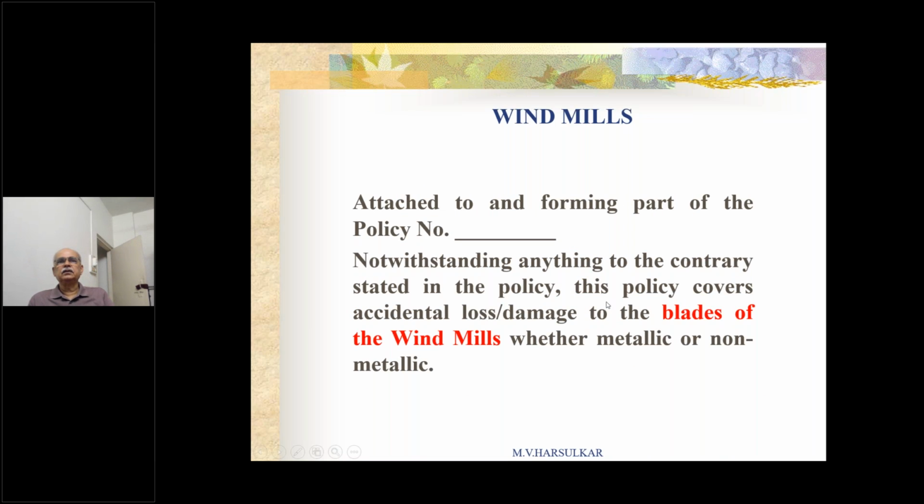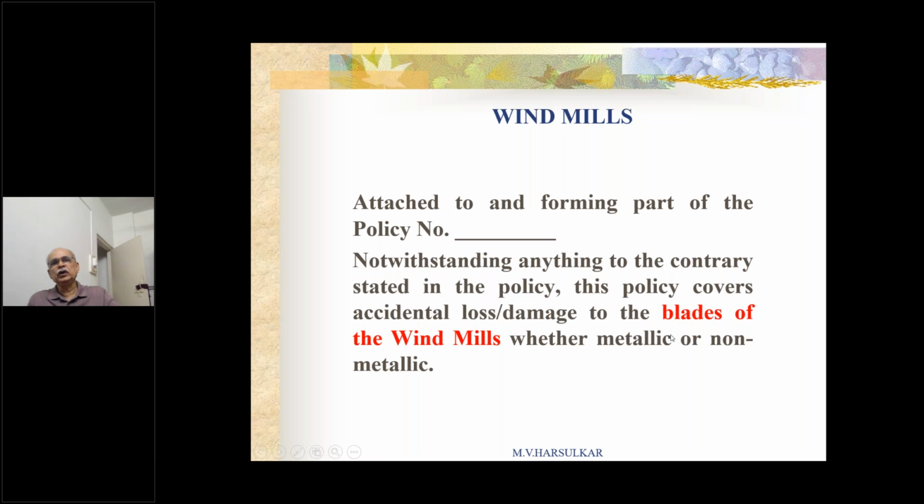Then windmills. Now windmills, this is a standard endorsement, blades of the windmills. Accidental damage to blades of windmill, whether metallic or non-metallic. So metallic, you don't have an issue, but if it is non-metallic, then it is a standard excluded part.